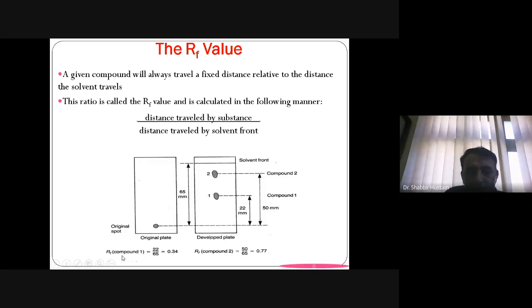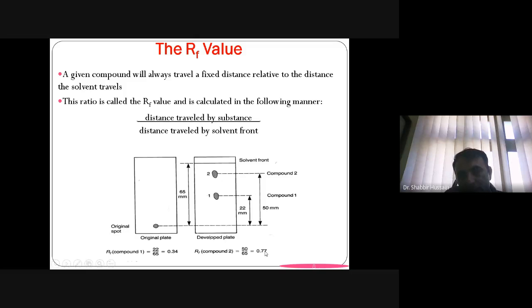Now you can find out the RF value: distance traveled by compound 1 is 22 mm, that is divided by the solvent front, right, that is 65 mm, which is 0.34. And distance traveled by compound 2 is 50 mm, and distance traveled by the solvent front is 65 mm. So RF value for compound 2 is 0.77.